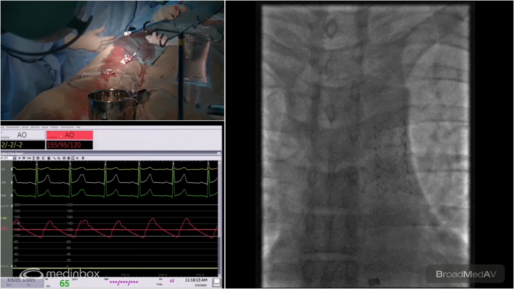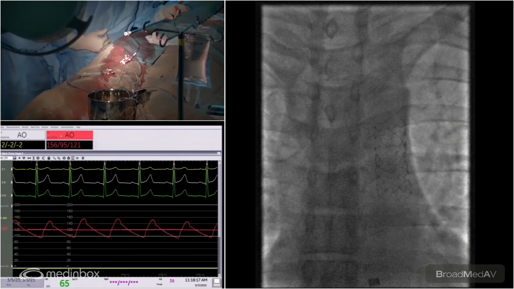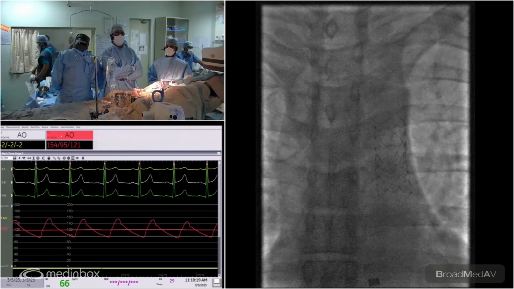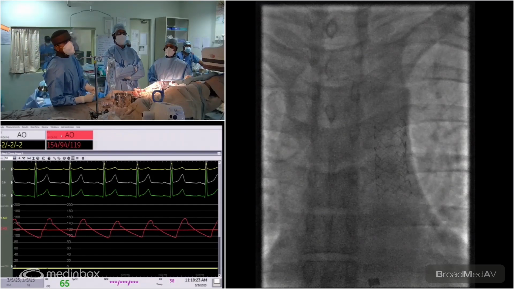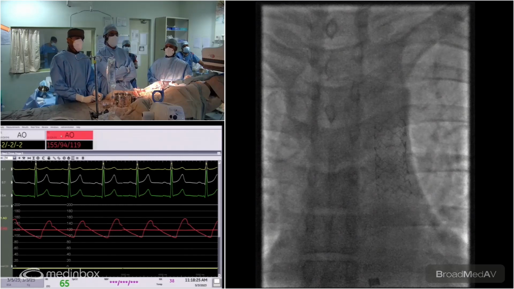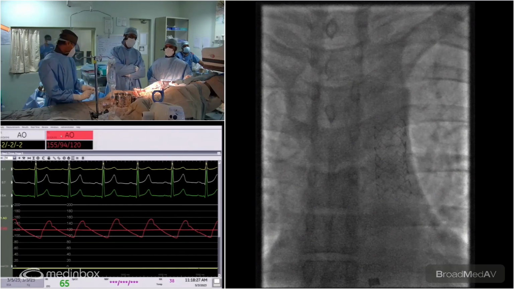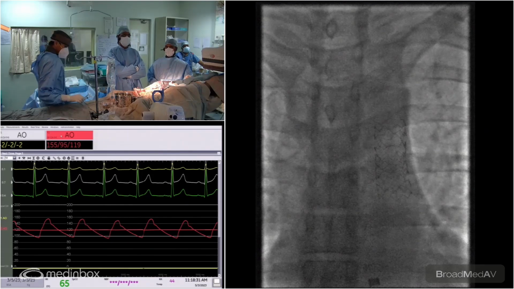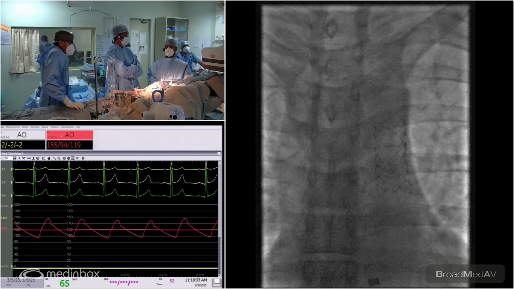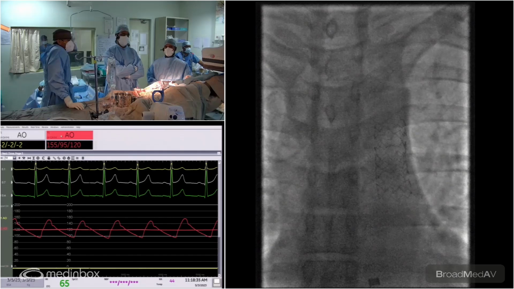If the pressures are totally normal, then he won't get any antihypertensives at all. Right now, as I speak to you, the blood pressure is about 155 by 95 with a mean of 120. This could be due to stretch of the aorta with a lot of release of noradrenaline. The heart rate is well controlled. The heart rate is quite slow. It's only around 65.